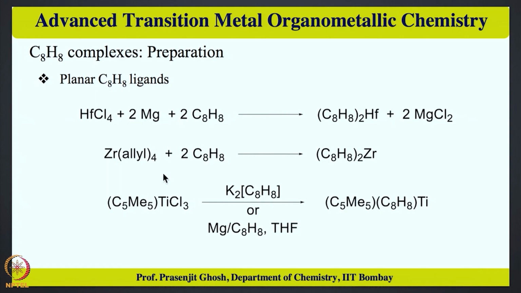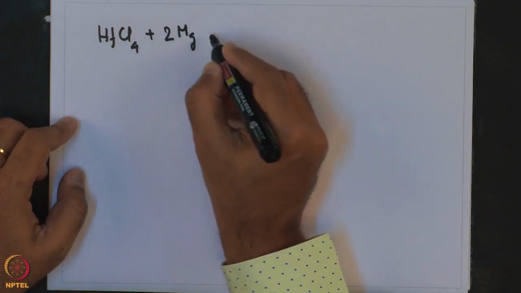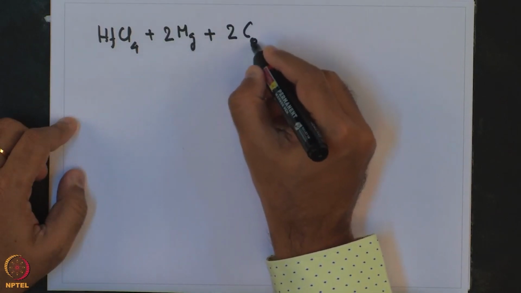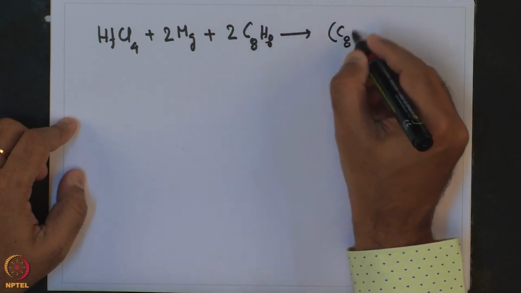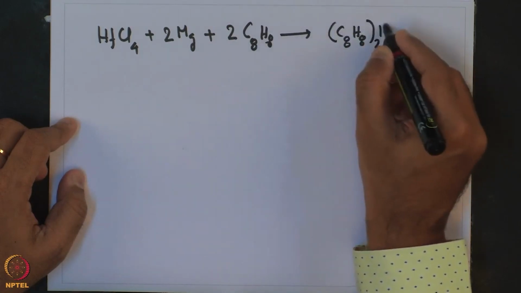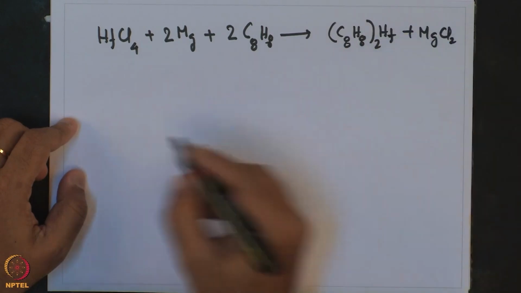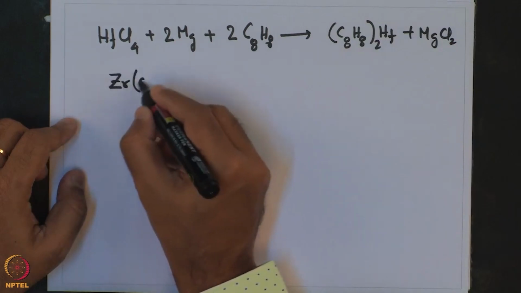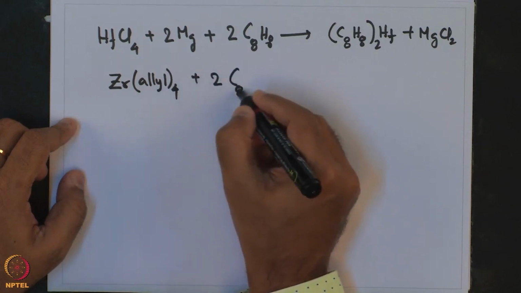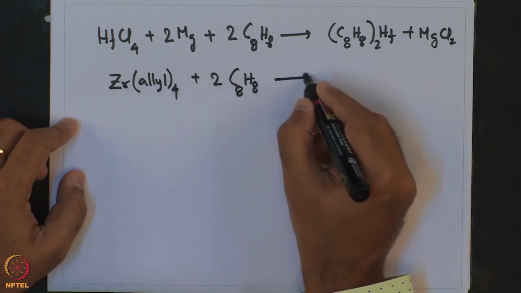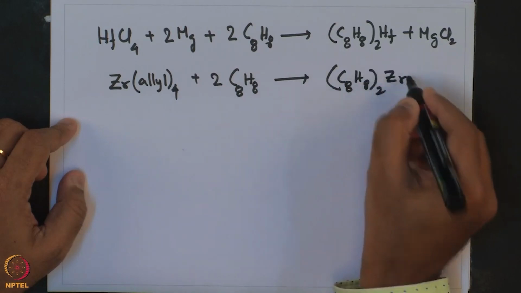For example, hafnium tetrachloride plus twice Mg plus 2 C8H8 would give the bis complex (C8H8)2Hf plus MgCl2. Similarly, zirconium allyl plus 2 C8H8 would give (C8H8)2Zr.